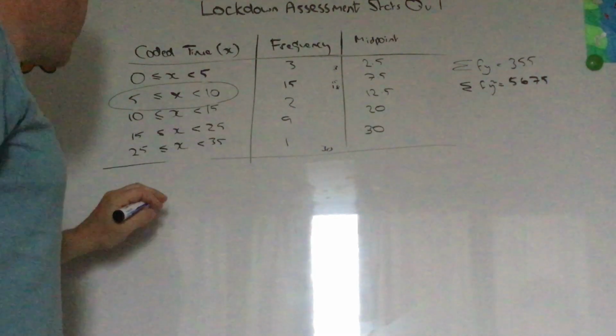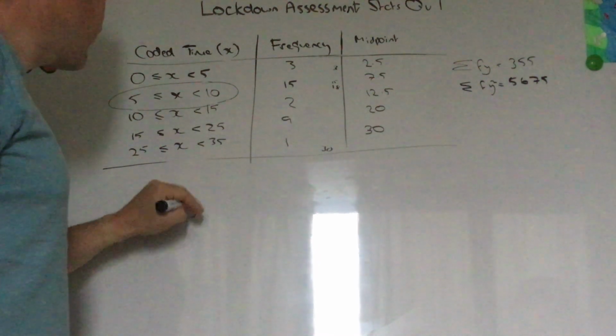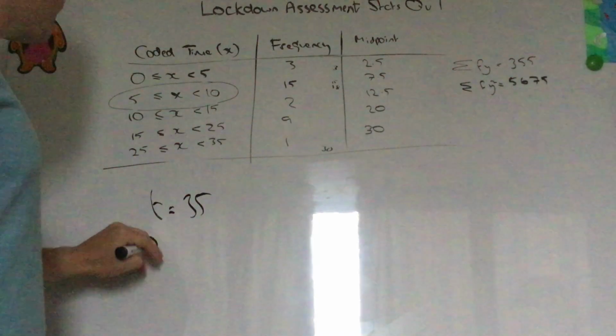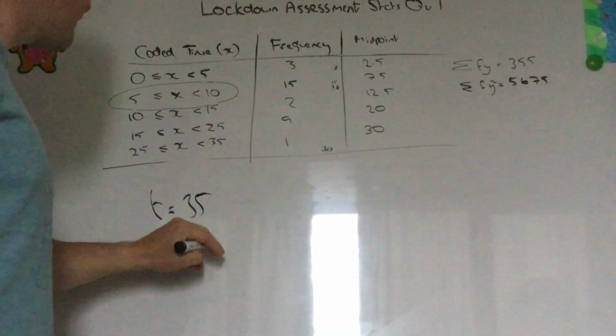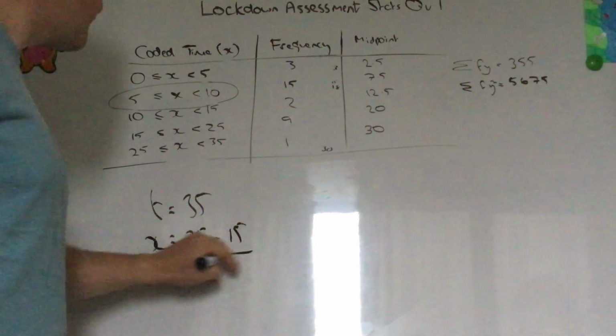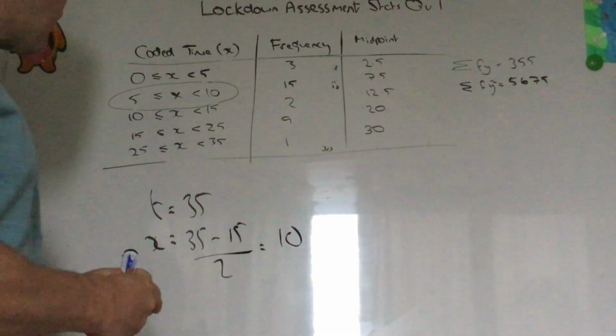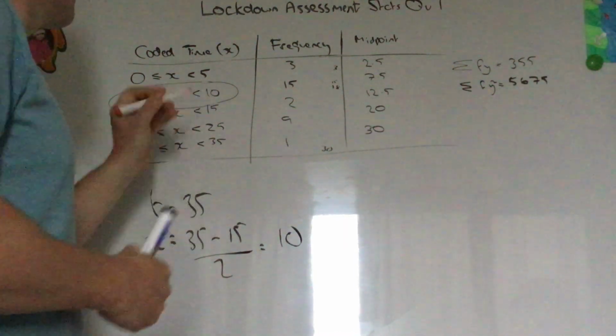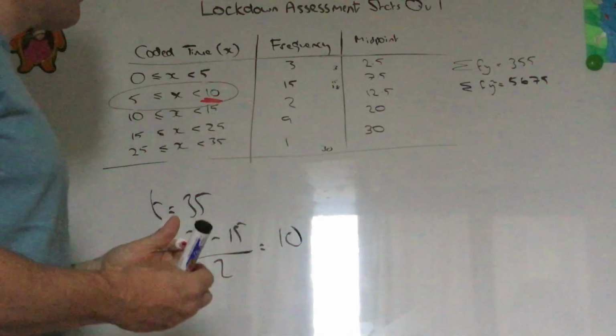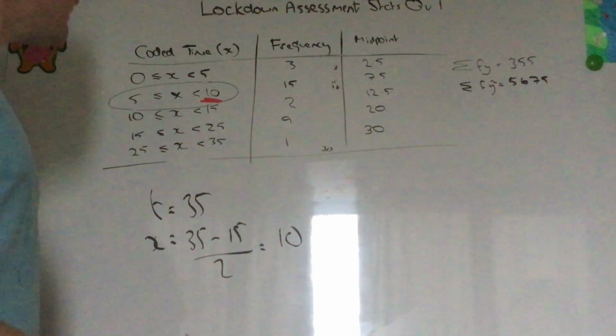So there's 2 ways of doing it. You could say t equals 35. So if t is 35, then x will be 35 minus 15 divided by 2 equals 10, which takes us to here. So how many people did it, or what fraction of people did it in less than 10?